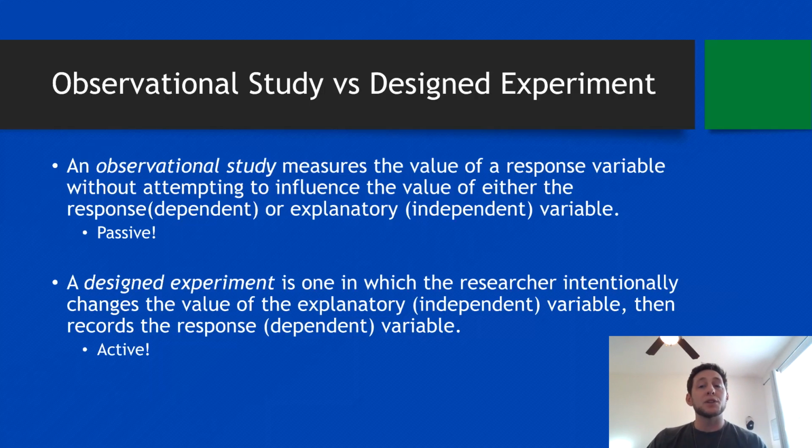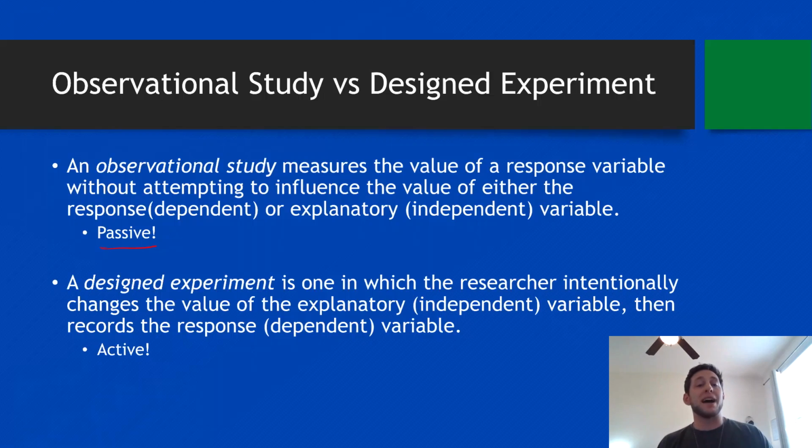Now, notice I'm not trying to influence the value. This means I'm not really tinkering with anything. I'm just doing something like handing out a survey, you fill it out for me. I'm not making changes in your life. This makes observational studies very passive in nature. I'm just seeing what happens without messing around with stuff, without trying to control or change stuff.